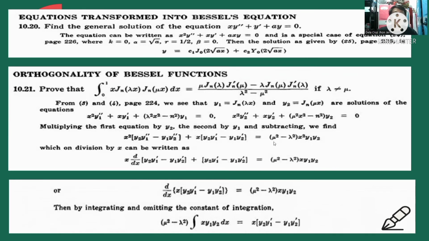Sunod naman dito yung x squared y sub 2 double prime plus x y sub 2 prime plus quantity ng mu squared x squared minus n squared quantity y sub 2 equals 0.